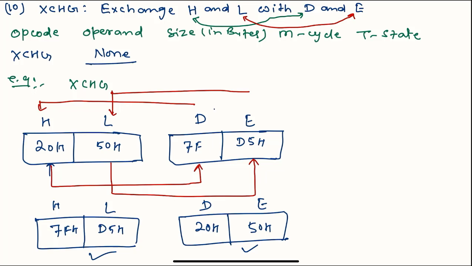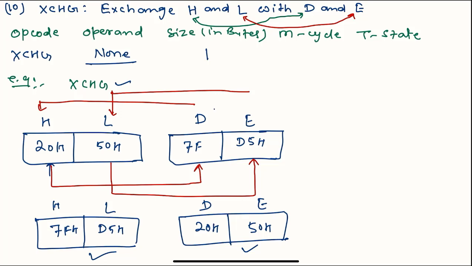Now we'll talk about its size. This instruction is written only in terms of English alphabet, so its size is 1 byte. As for machine cycles, it does only opcode fetching. It accesses the memory only once to get the opcode, because HL and DE both reside inside the processor registers itself. Internally it copies from HL to DE or DE to HL during the execution timing of this instruction.